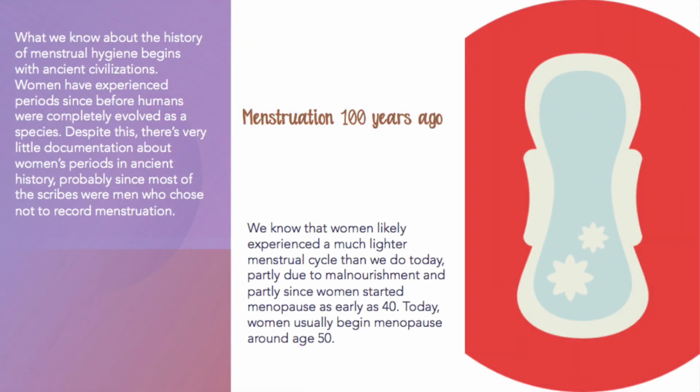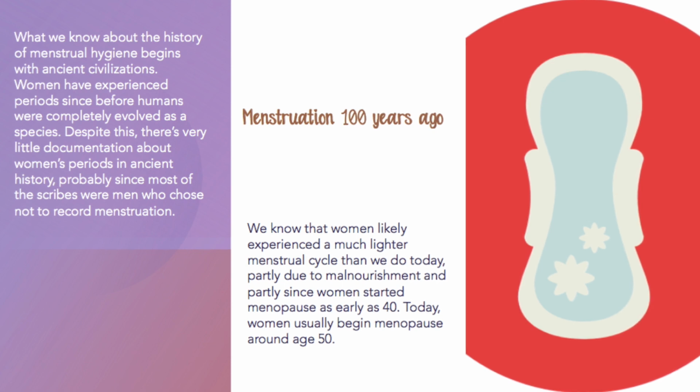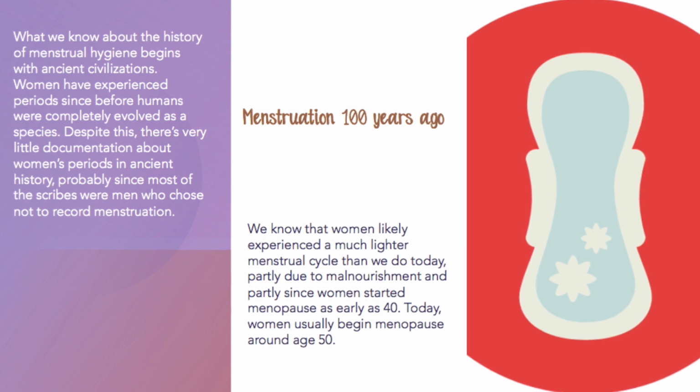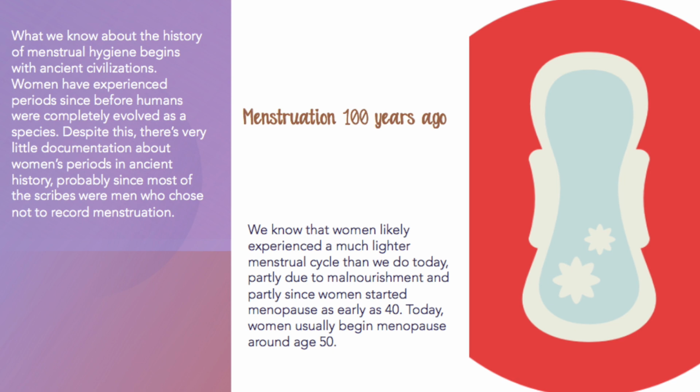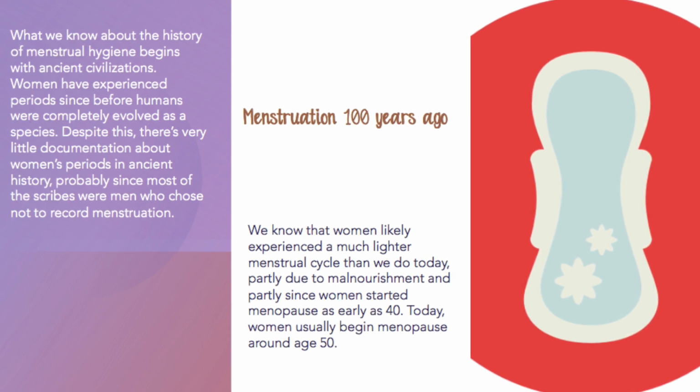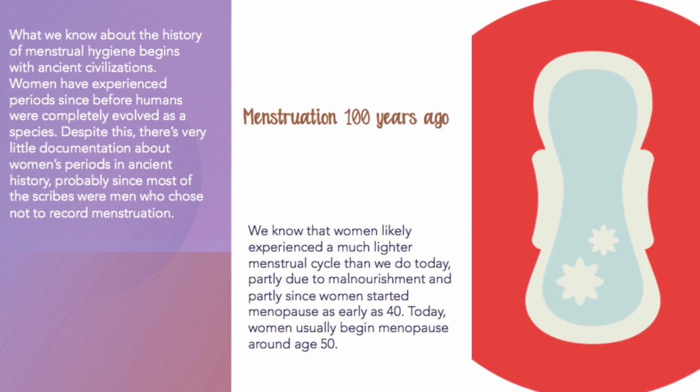What we know about the history of menstrual hygiene begins with ancient civilizations. Women have experienced periods since before humans had completely evolved as a species. Despite this, there's very little documentation about women's periods in ancient history, probably since most of the scribes were men who chose not to record menstruation.